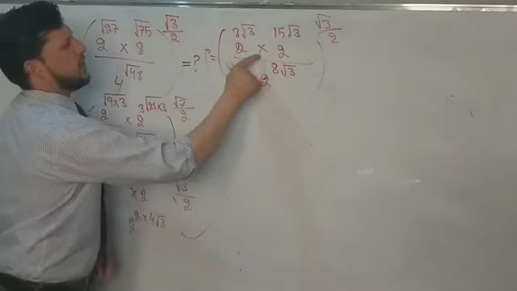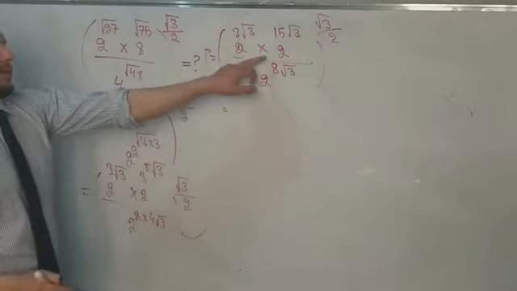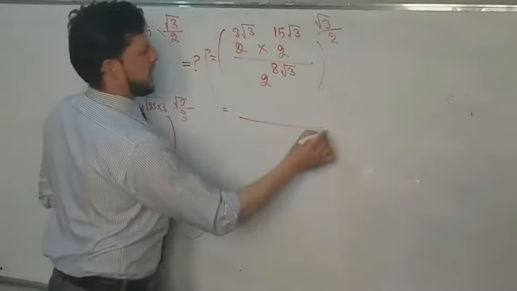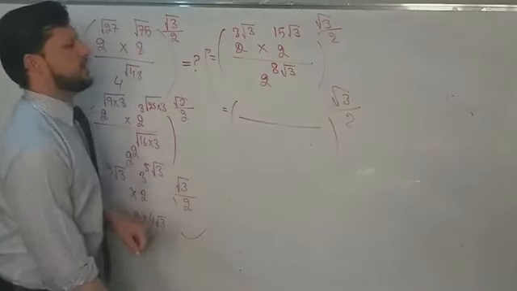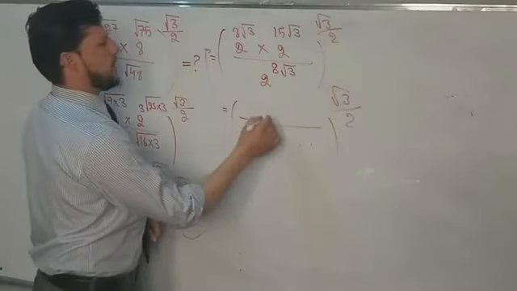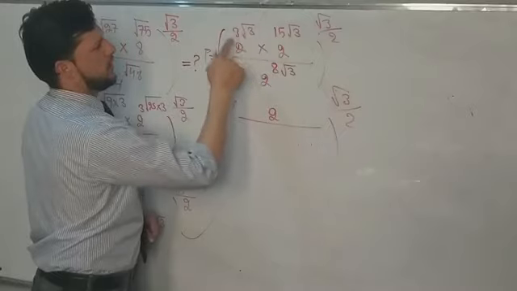Here you have the first exponent rule, that is the multiplication rule. You write the same, the square root of 3 over 2, and you write 2 to the power of 3.